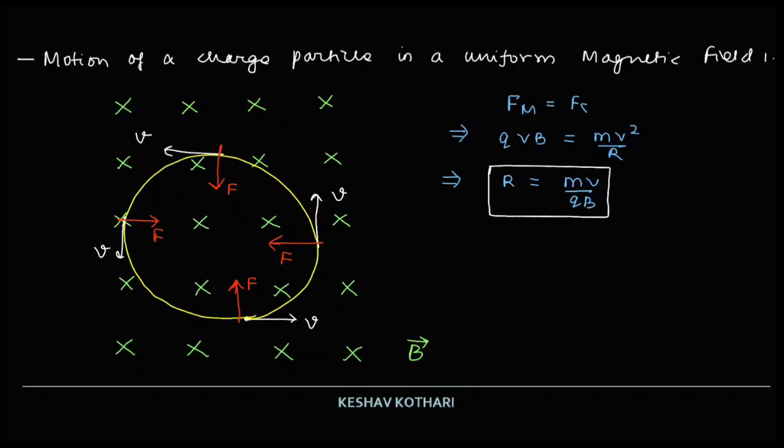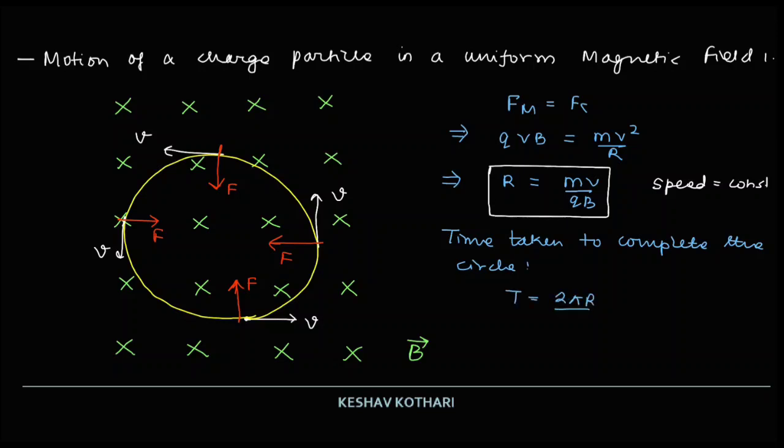Now since the speed is constant, if we wish to calculate the time taken to complete the circle, this time t can be calculated as the distance traveled, that is 2 pi r, divided by speed v, and the equation reduces to 2 pi m by qB.